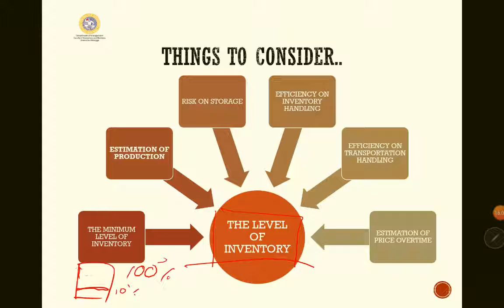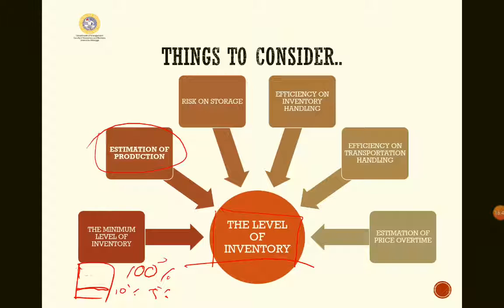Whether it is 10%, 5%, depends on what kind of goods it is, what kind of industry, and the best practice in your company based on the valid and reliable data that you have in your company. The second one is the estimation of production. How many products do you want to produce in a day, in a week, in a month, or maybe in one period, a year.